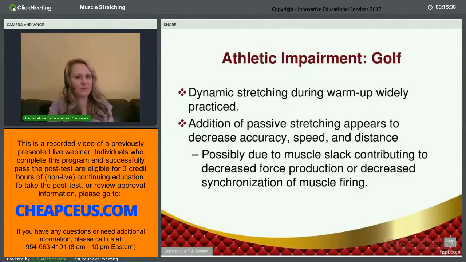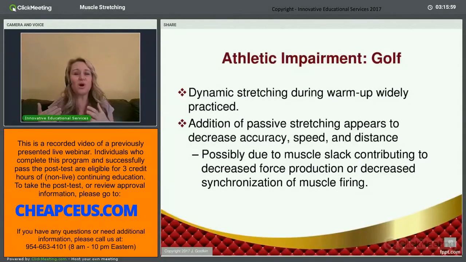When they tried to control the club to make contact with the ball, that minute control for accuracy and speed and how much force they were applying, they weren't having as much feedback to adjust that appropriately, and then they just couldn't control the execution as well.